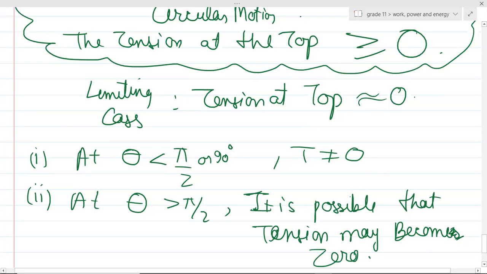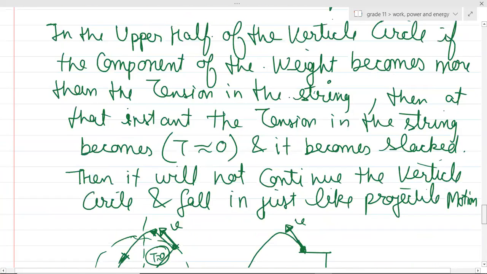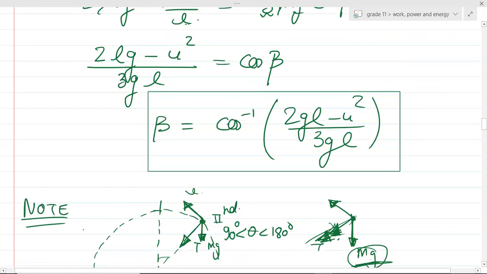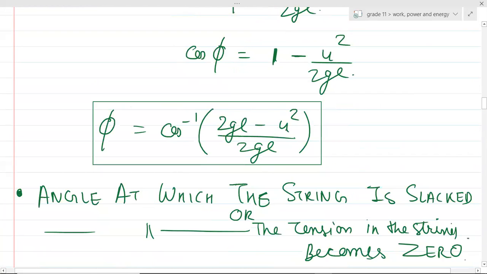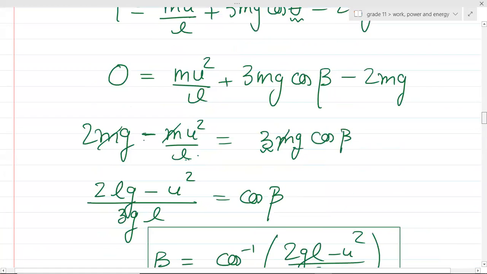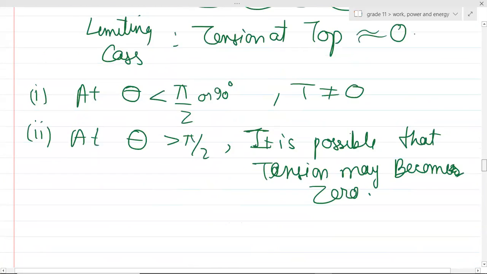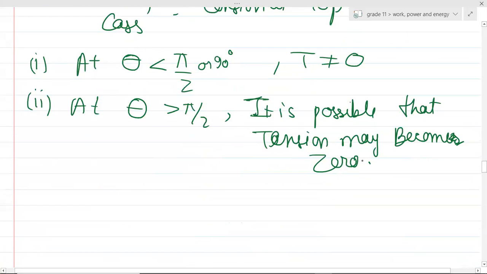All things depend upon the velocity with which you have thrown it. Can you see? This also depends upon the velocity with which we have thrown it, and the previous angle also depends upon the velocity with which we have thrown it, right? So everything depends upon the velocity at which you have thrown the object. We'll discuss the cases.